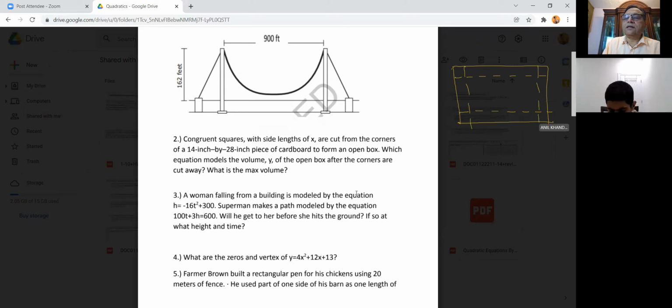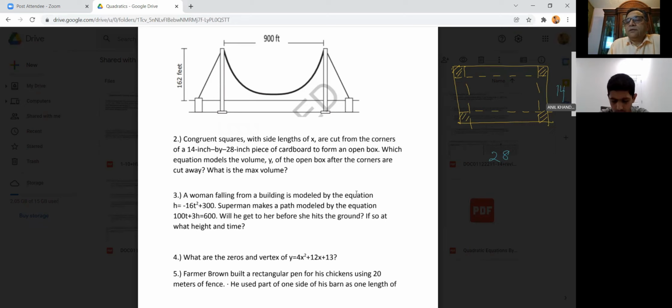So basically, you are cutting this portion away. You understand? And then you can fold it to make it an open box. So 14 by 28 is the dimension of this, so this was initially 28 and this was initially 14.